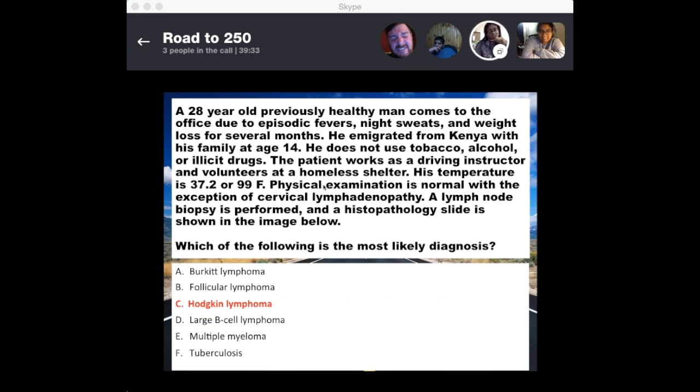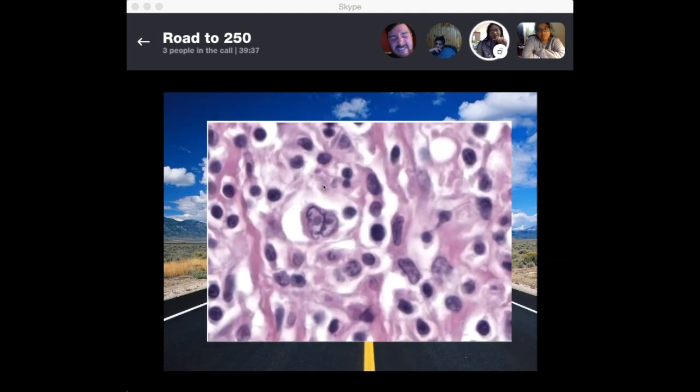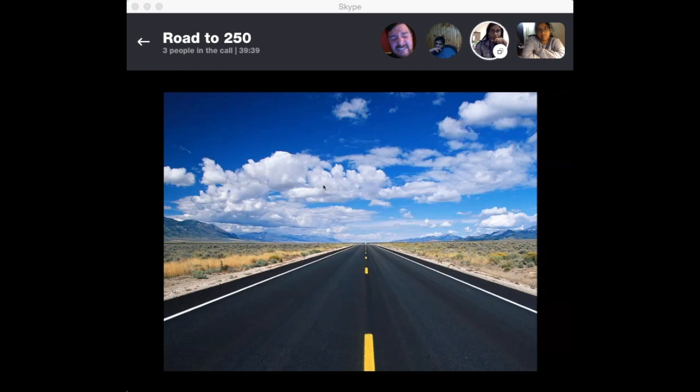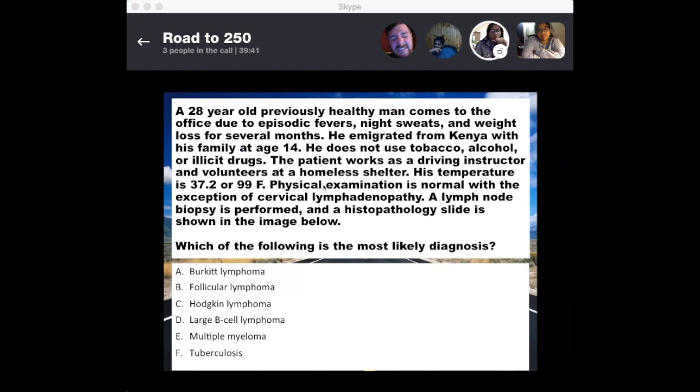It's C, Hodgkin's lymphoma, because one, the histological slide would not have had a starry sky appearance, and two, he has the B symptoms, though, yeah, he immigrated from Kenya.